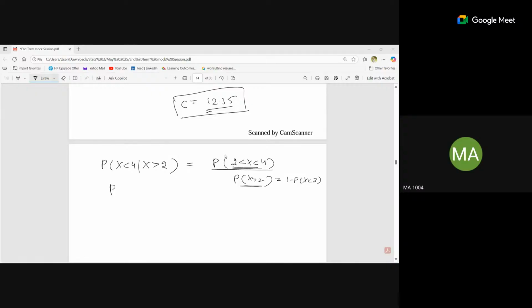So we have increased the sample size from 64 to 100. Okay. Have you calculated the value?